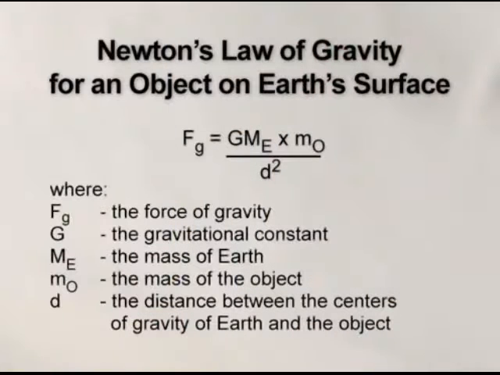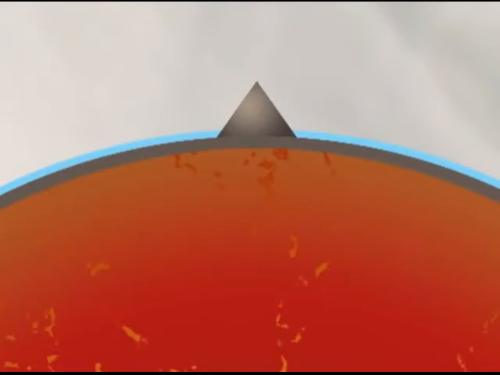Then, okay, let's apply his law again. It says that the force of gravity acting on the Big Island of Hawaii would be proportional to the mass of Earth times the mass of the Big Island of Hawaii divided by the distance between the center of gravity of the Earth and the center of gravity of the Big Island of Hawaii. Now, if you think about a cone, where would be the center of gravity? It certainly wouldn't be at the apex, and it certainly wouldn't be at the bottom.